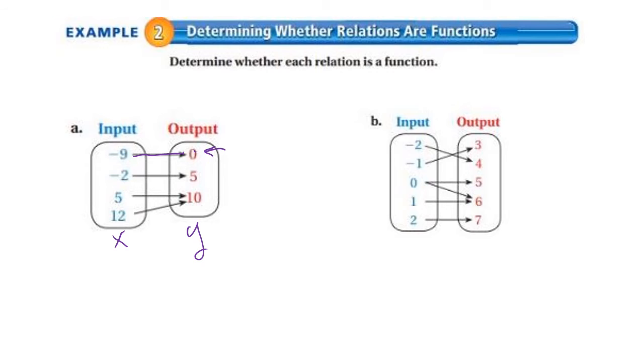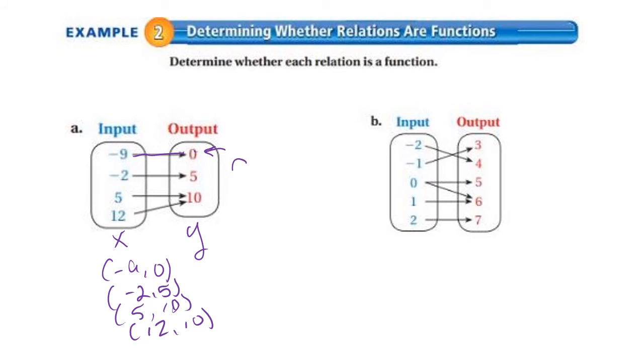But if you'll notice, let's look at number A. We have the ordered pairs -9, 0, negative 2, 5, 5, 10, and 12, 10. Now in this case, we have one input that is mapped to an output.